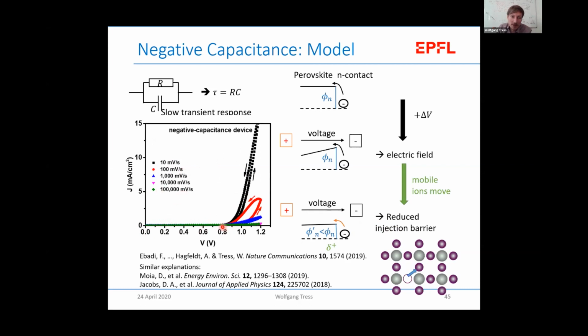When we scan slowly, we get a nice diode curve with rather low resistance. And when we scan faster, and this was an extreme device, of course, we can see that we get much less current into this device. So this explanation, together with the temperature dependent measurements we did additionally, is good evidence for such a model, which we proposed here.